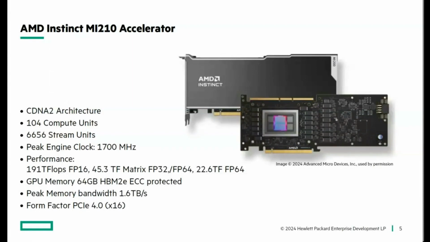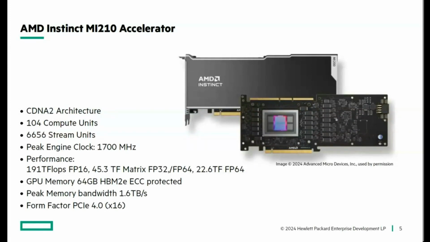The individual GPUs themselves are AMD Instinct MI210. Here are pictures of what they look like. These are dual slot width PCIe cards that fit into a PCIe 4 16 lane slot. And this is the new CDNA compute architecture from AMD. The specifications are that at the highest level you have 104 compute units, or if you want to think of individual threads, you have over 6,000 of those.